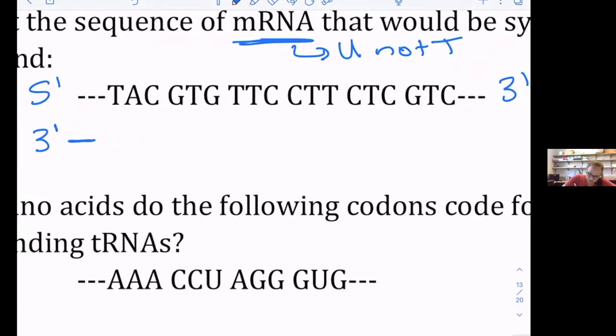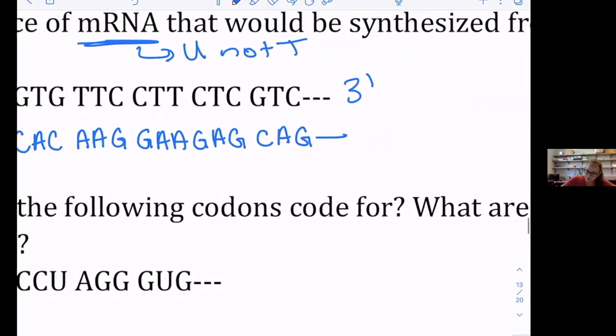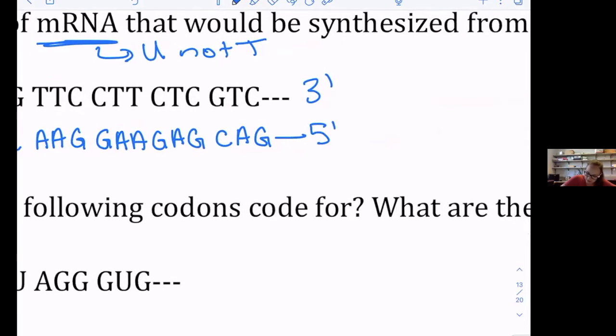The opposite of T is going to be A. Opposite of A would be T if it's DNA, but since it's RNA, we have U, G, C, A, C, A, G, G, A, G, A, G, C, A, G. And then we have our 5' end at the other side.